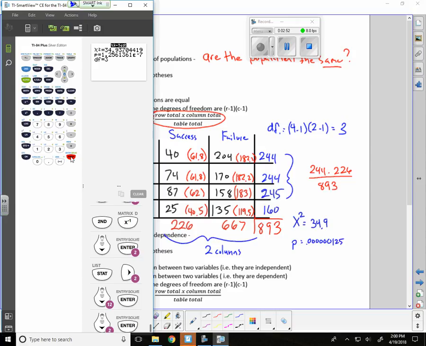You can use scientific notation if you wish, but it helps me to see it visually. So extremely unlikely that these proportions are equal. So it's to the -7, so there'd be 6 zeros, and then one more moves the decimal to the right of the 1.